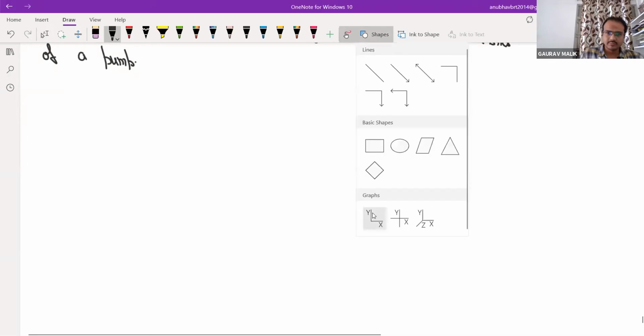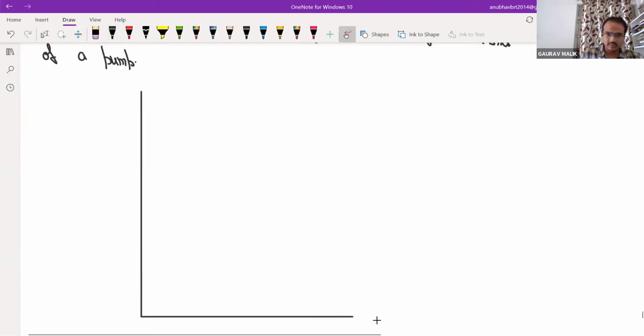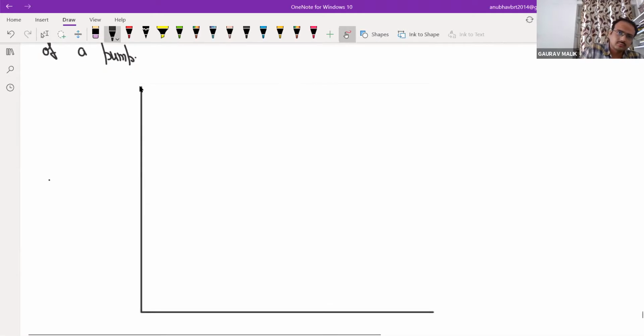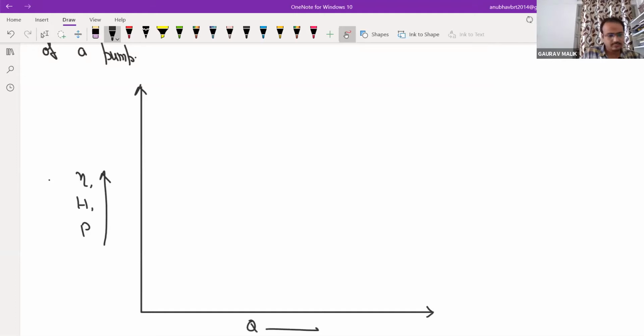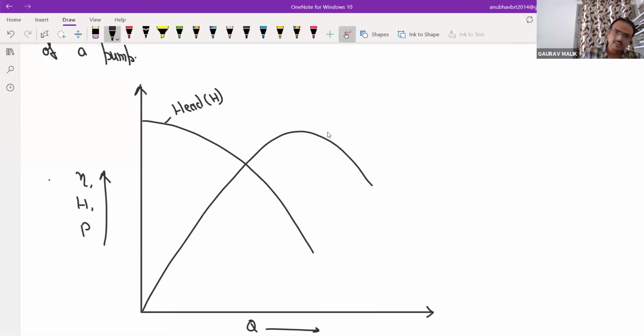If you will draw its diagram, again I am going to repeat. Efficiency, head, power versus discharge. So this one is for head. For efficiency, you already know, like this. This one is for efficiency. This one is input power.